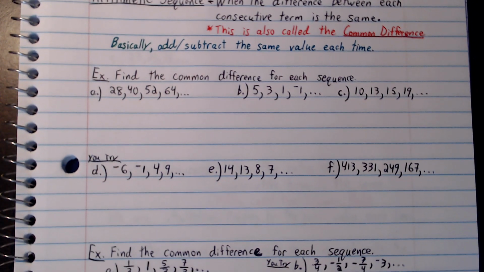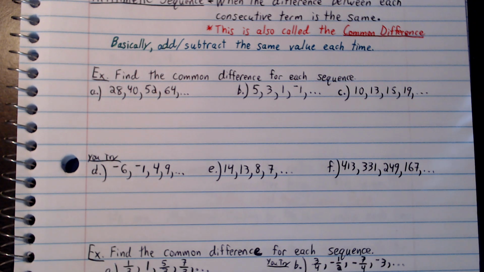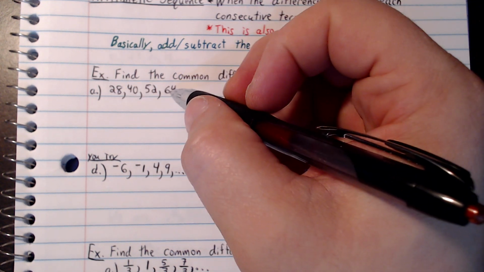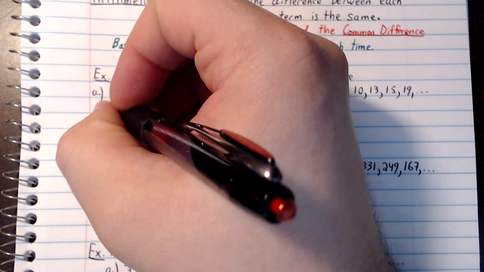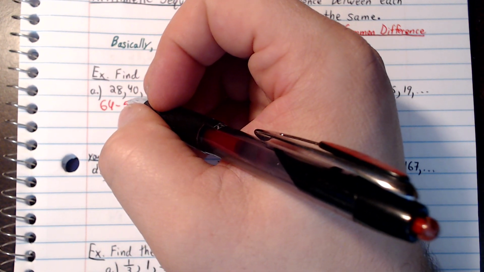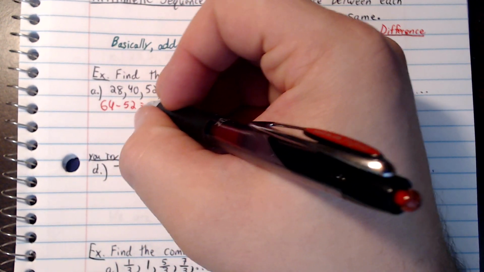They say find the common difference for each of these sequences. So it's going to be pretty simple. You can actually use a calculator for this if you're careful to type it in. I don't need to see you do this by hand. But what you're going to do is start at the end and start subtracting, going backwards. So I'm going to start with 64 and subtract 52. 64 minus 52 is 12.